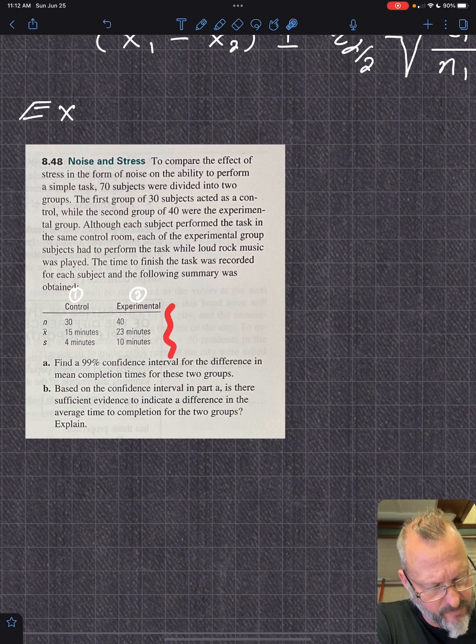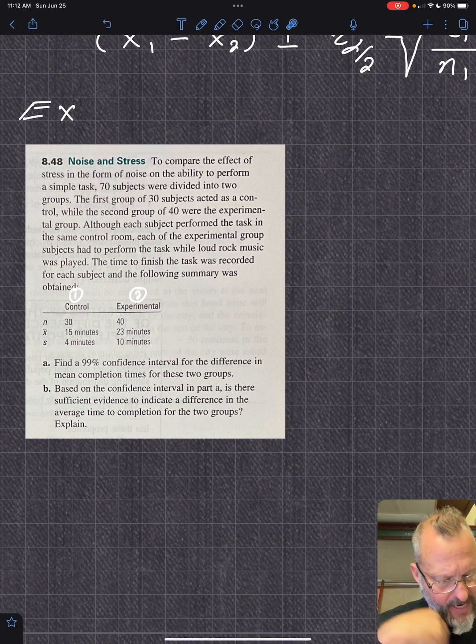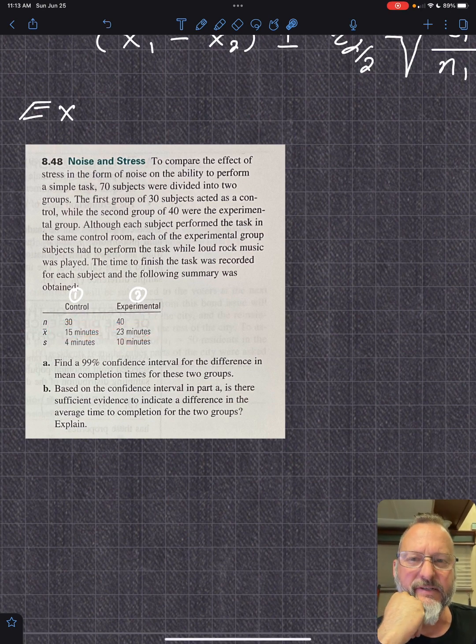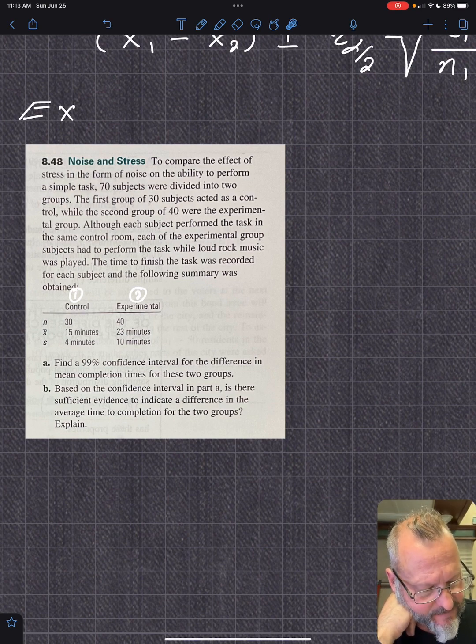So this was what was recorded. And so your X1, X2 are these. It's the minutes. So notice how the units are the same, right? So it's minutes. And then, of course, your standard deviation has to be the same too, and we'll just be squaring those. Okay, so find a 99% confidence interval for the groups.